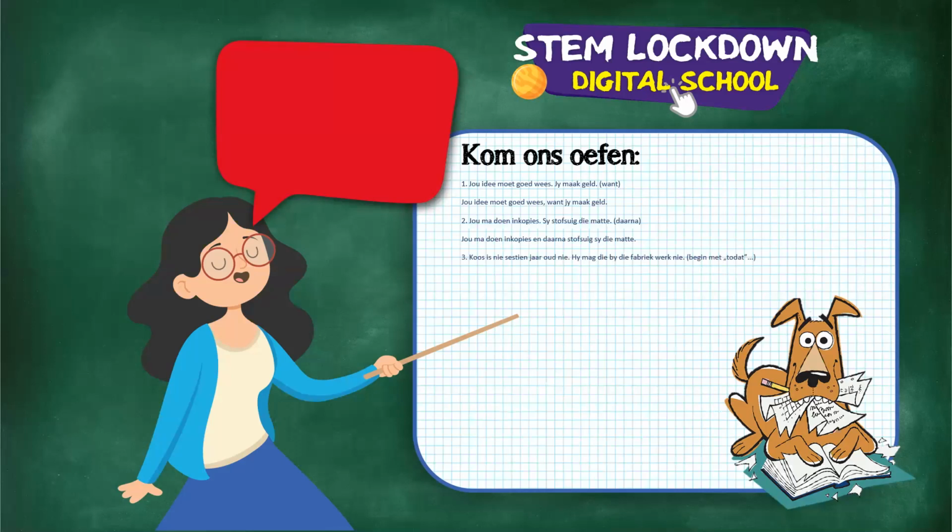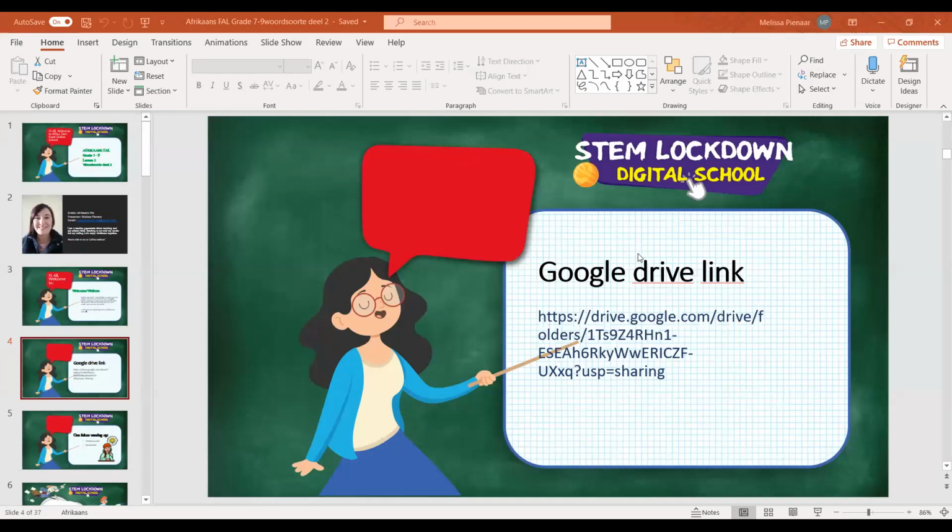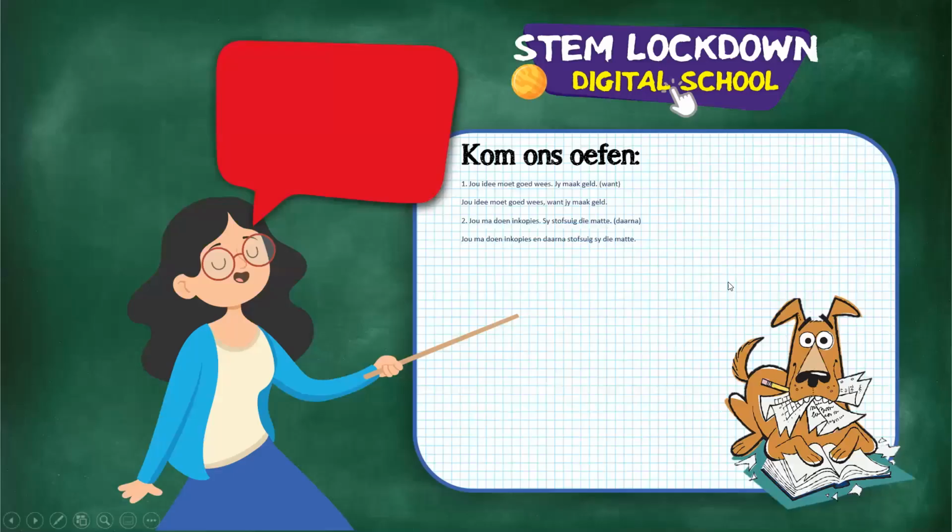Koos is nie 16 jaar oud nie. First sentence. Second sentence, hy mag nie by die fabriek werk nie. Sorry for that, typos.